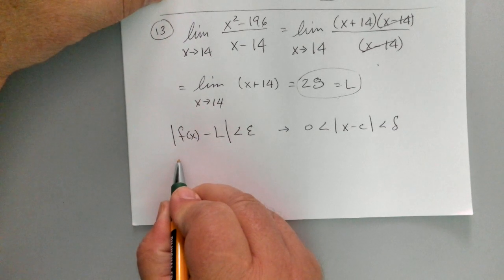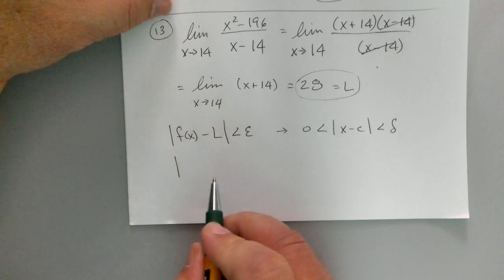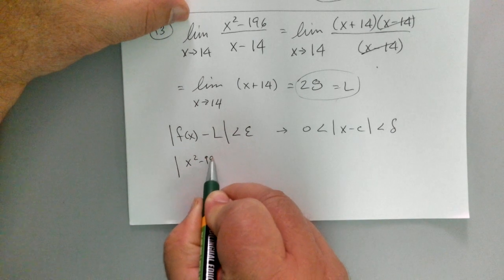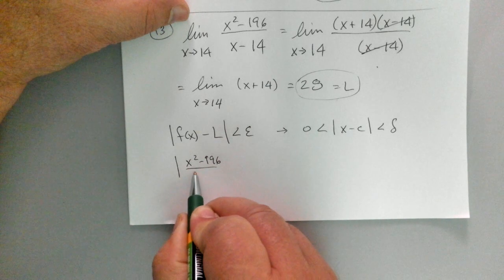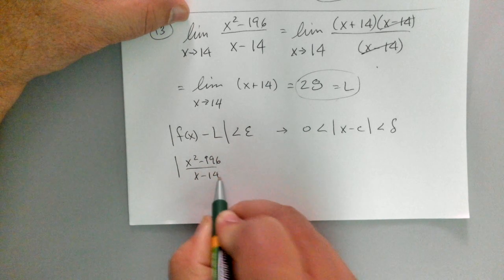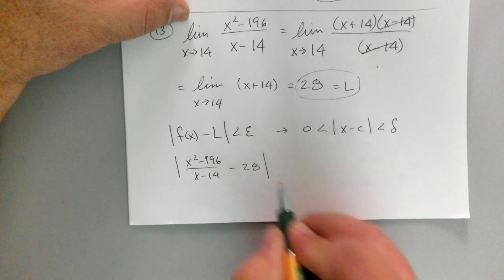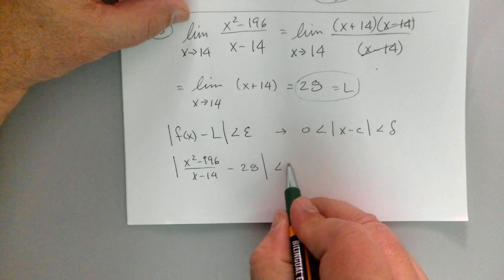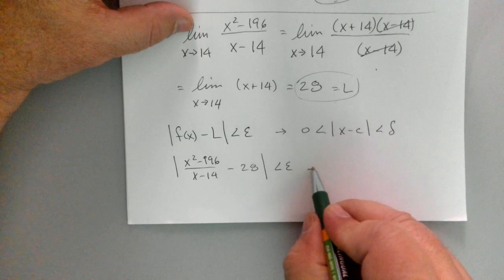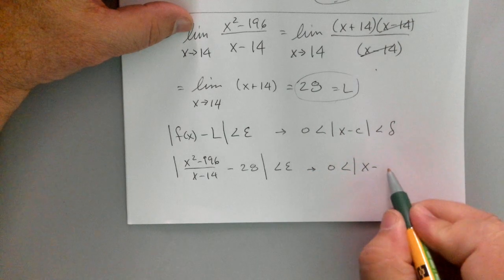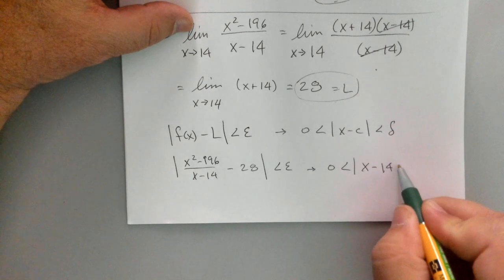Start plugging things in there. Our function is x squared minus 196 over x minus 14, minus 28.